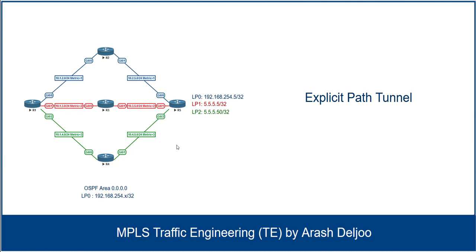Actually, we will configure tunnels, for example, one tunnel on the red path and another tunnel on the green path, and then we forward the traffic of loopback 1 through the tunnel of the red path and the traffic of loopback 2 through the tunnel of the green path. Okay, I will show you how you can configure it.